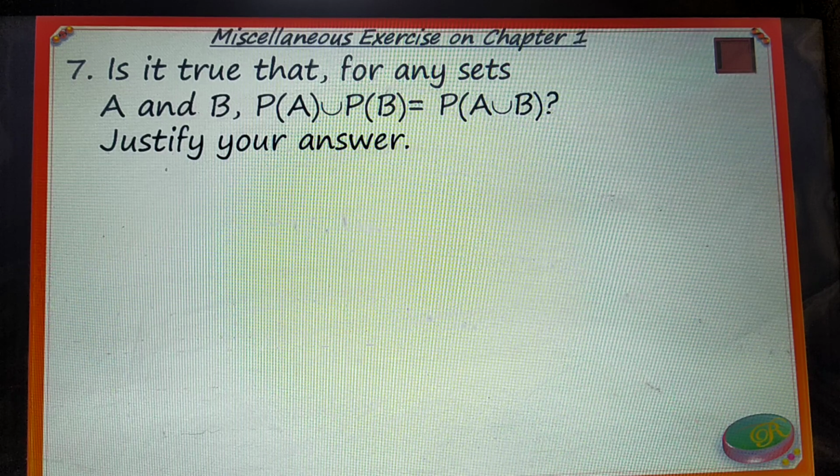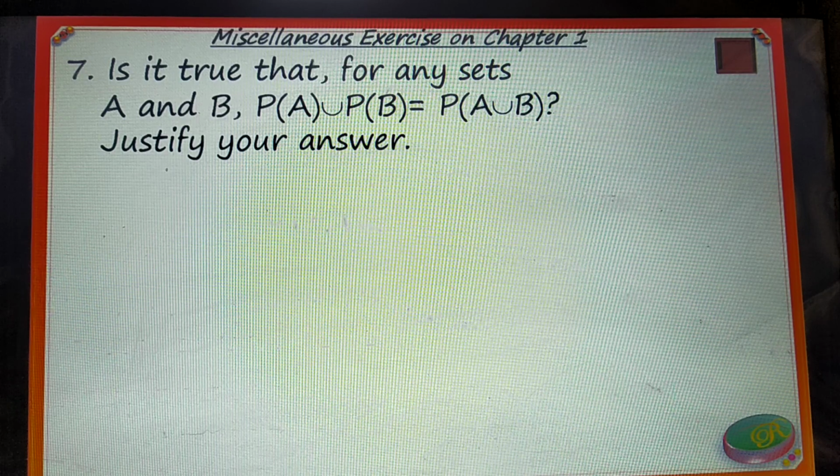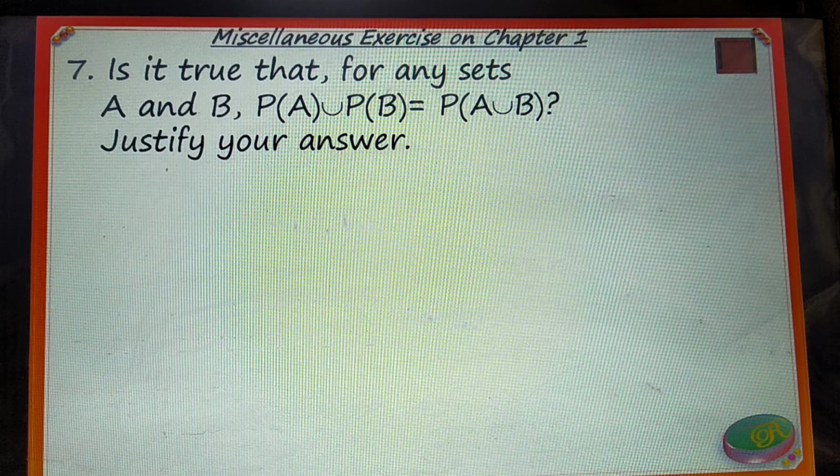Question number 7. Is it true that for any set A and B, P(A) union P(B) is equal to P(A union B)? Justify your answer. Solution.